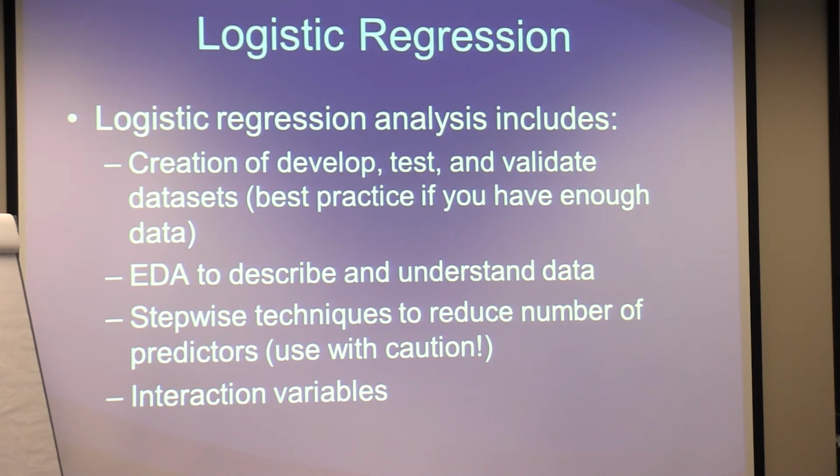This gets around that, so that you're developing your model on one set of data, then you test it on a separate clean set of data that you haven't done anything with. And then if you have enough to make that validate data set, you can do it again on that and see if the results held up to what you got on your test data set. So this ties back to what I was saying about one regression not being enough to really determine anything. This helps with that.